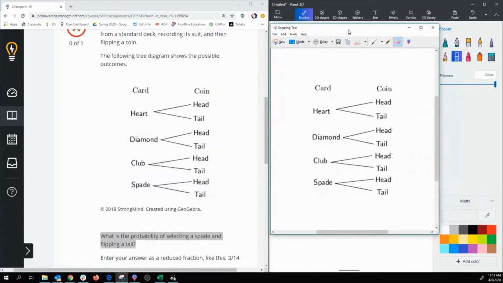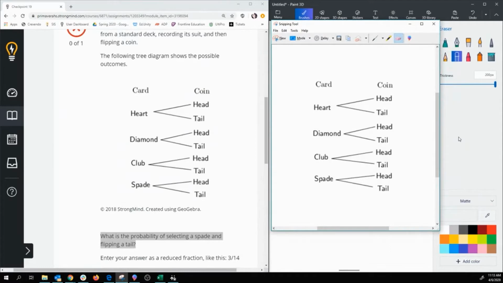Okay. So next question we have here, we want to know, what is the probability of selecting a spade and flipping a tail? We have this tree diagram that has the different suits and then heads and tails. Perfect.